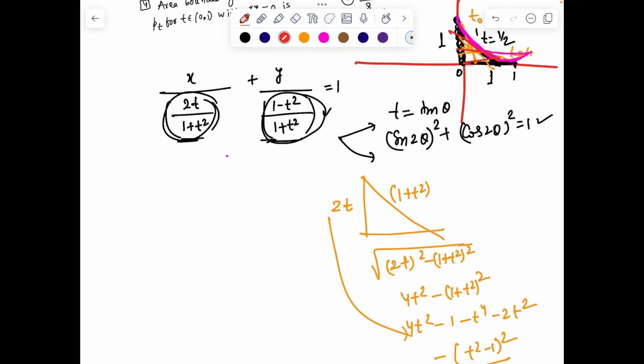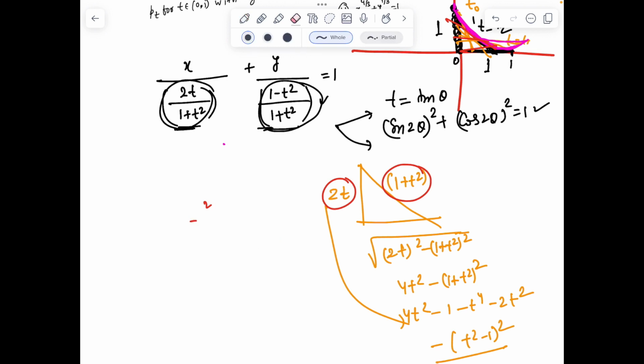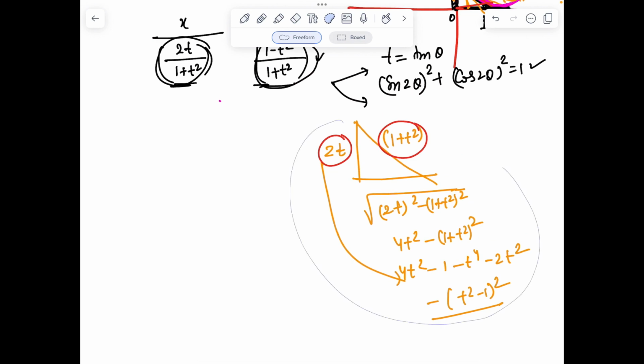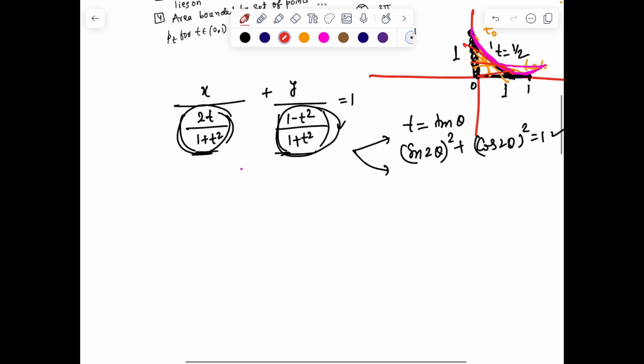So instead of taking a triangle with 2t and 1 plus t square, what you could have taken is hypotenuse as 2t and perpendicular as 1 plus t square. The other way of realizing this is we can think of a right angle triangle having hypotenuse as 1 plus t square and perpendicular as 2t.